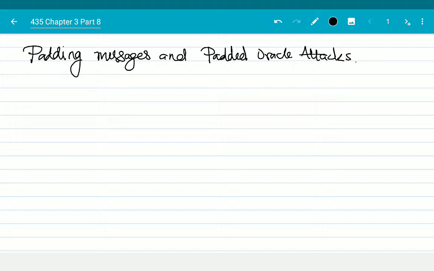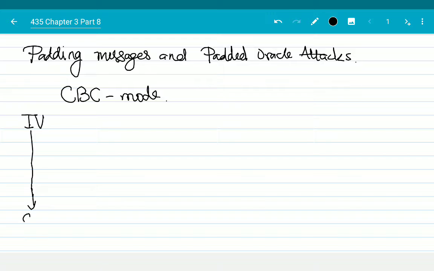Okay, this is mostly going to be done in CBC mode, where it is the most convenient. If you look back at CBC mode, which is used quite commonly, I'll just draw a picture to remind you how CBC mode worked.